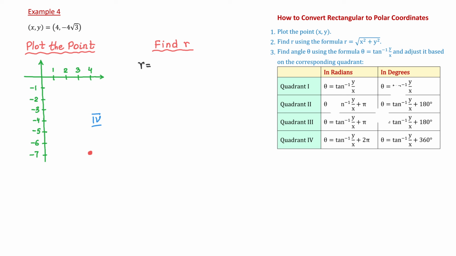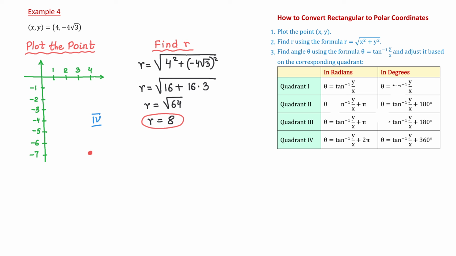r equals square root of 4 squared plus negative 4 square root of 3 squared. Then 4 squared is 16. Then negative 4 squared is also 16, and square root of 3 squared is 3. So we will have 16 times 3, and 16 times 3 is 48, and 48 plus 16 is 64. And square root of 64 is 8. Next, we will find angle theta.